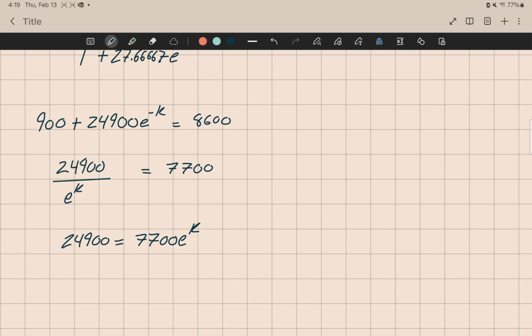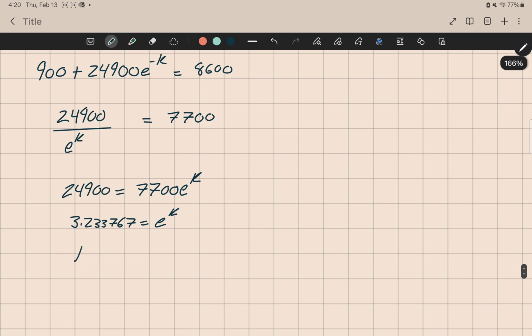I don't know if I like the way this is looking here. 3.2336767 is equal to e to the k.